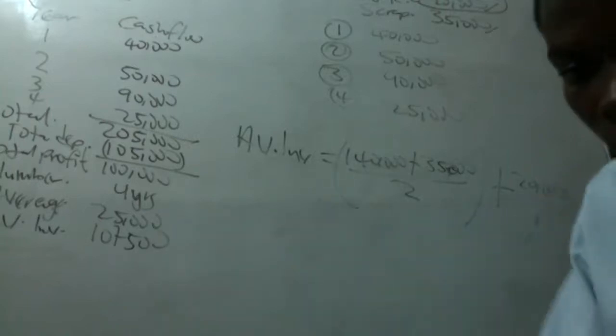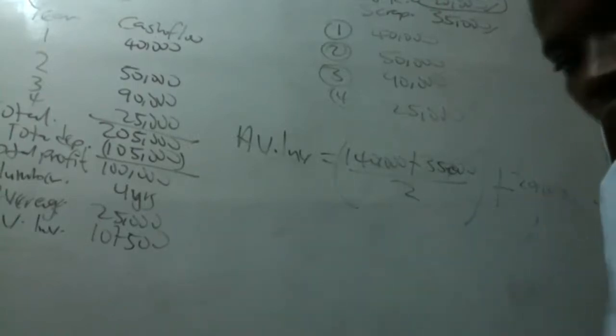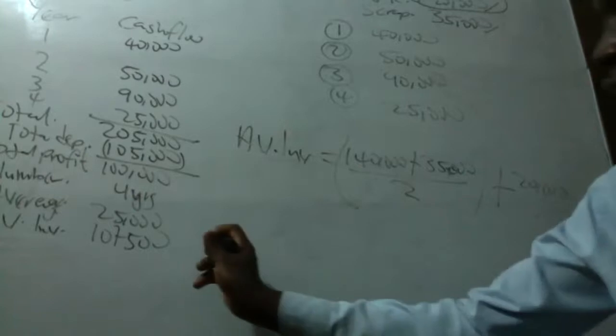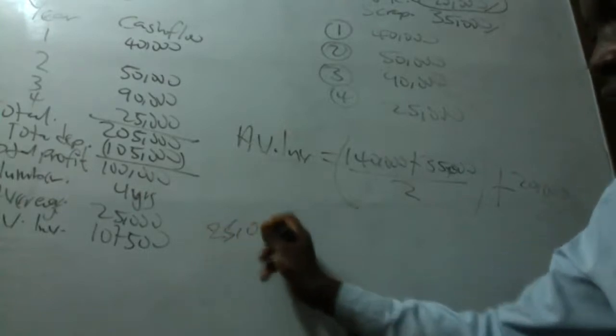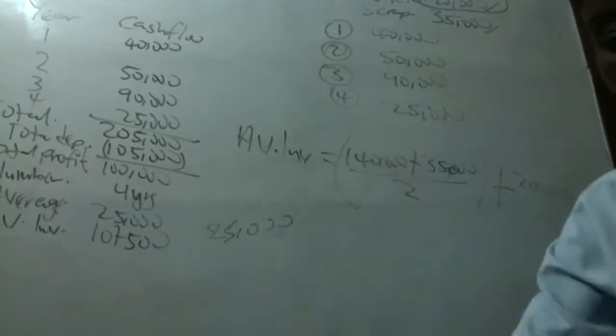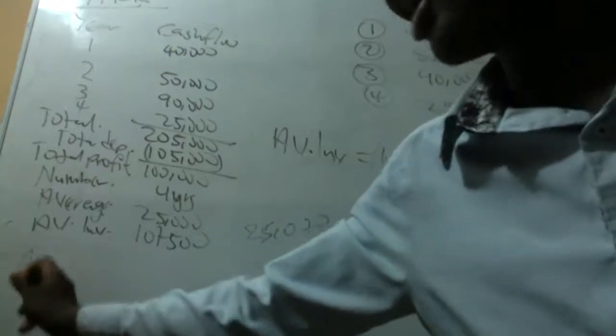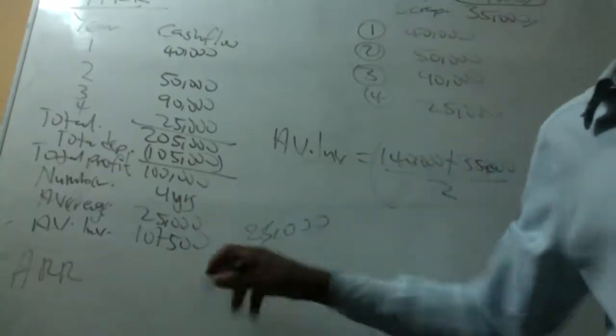So therefore, the accounting rate of return will be 25,000 divided by 107,500 times 100. That's the average accounting rate of return. So the ARR will be this divided by this times 100.